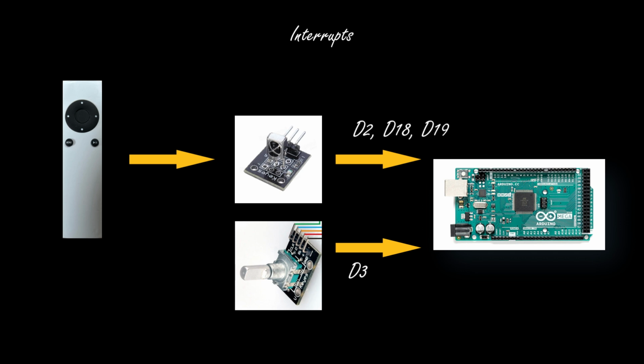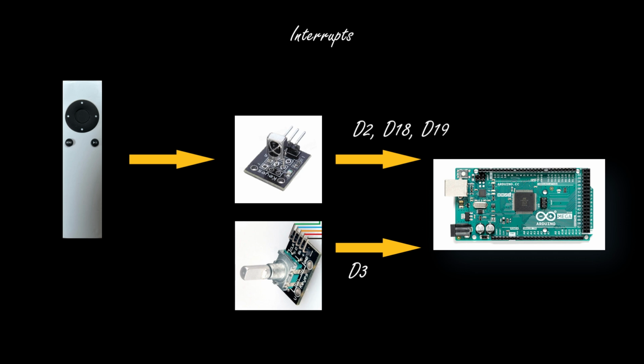So any event, any signal coming from the predefined interrupt digital input pins will trigger an interrupt. So it will stop Arduino from doing what it was doing before and trigger a separate code. So Arduino again will address the interrupt.